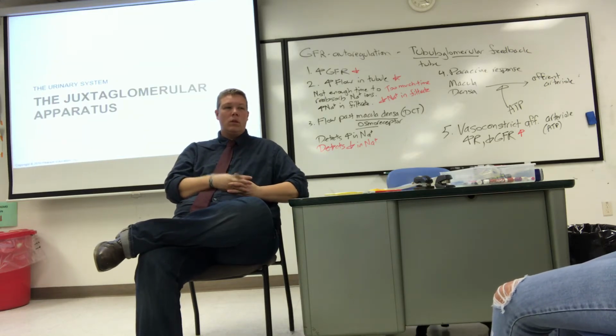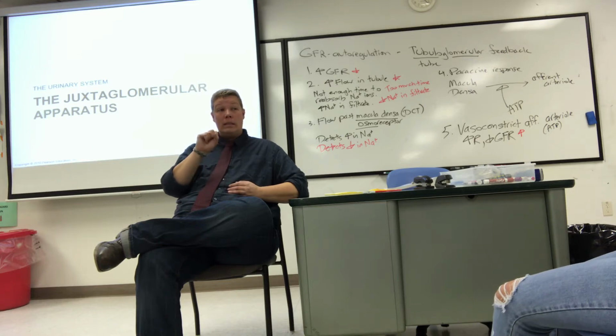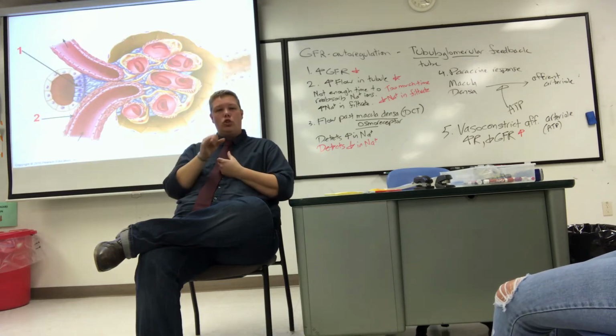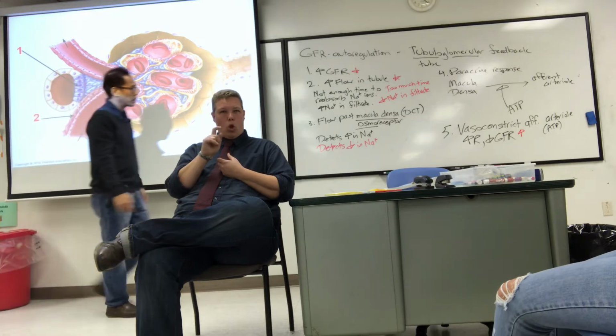So that macula densa is part of something called the juxtaglomerular apparatus. And that's shown again here.